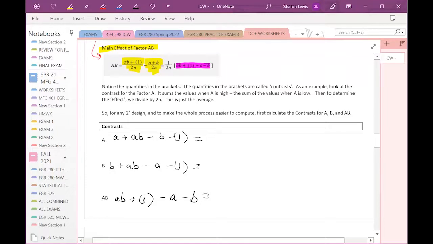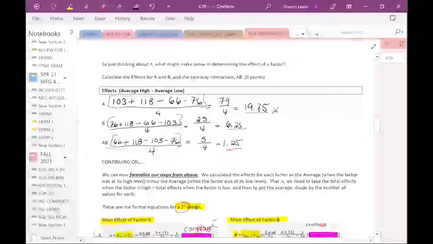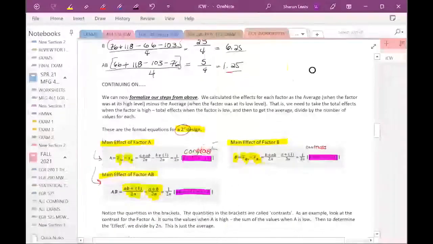So A plus AB, that's going to be 103 plus 118. I hope you're seeing the value in giving them those special names. And then we had minus 66 and minus 76. That's the contrast. And that was equal to 79.